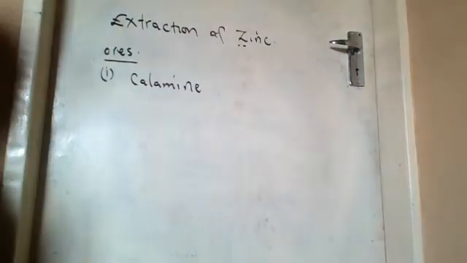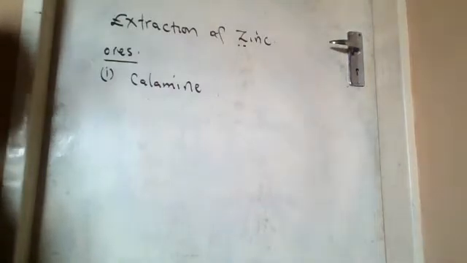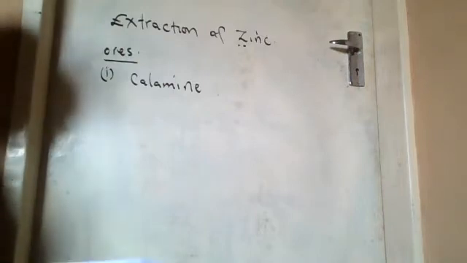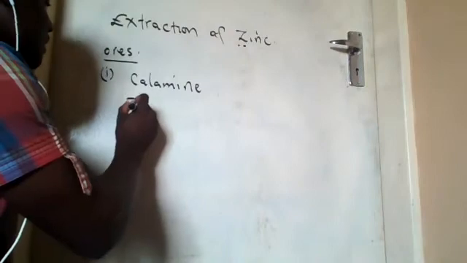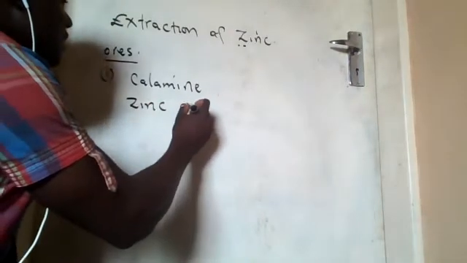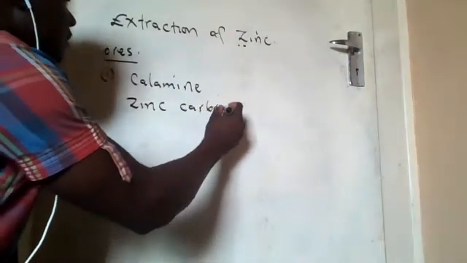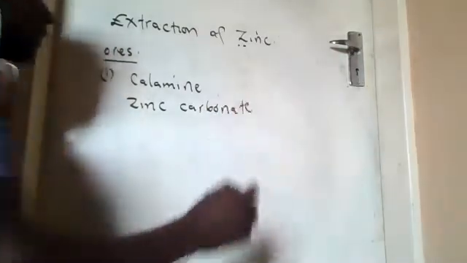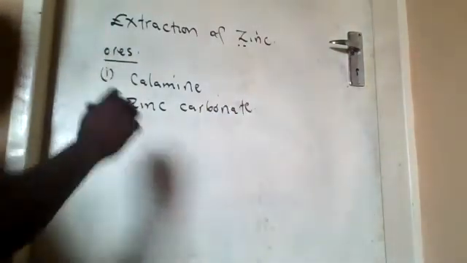Now, this calamine is just the name of the ore. So we have to look at the chemical name as well as the chemical formula. The chemical name of calamine is zinc carbonate. Zinc carbonate is the chemical name for calamine.